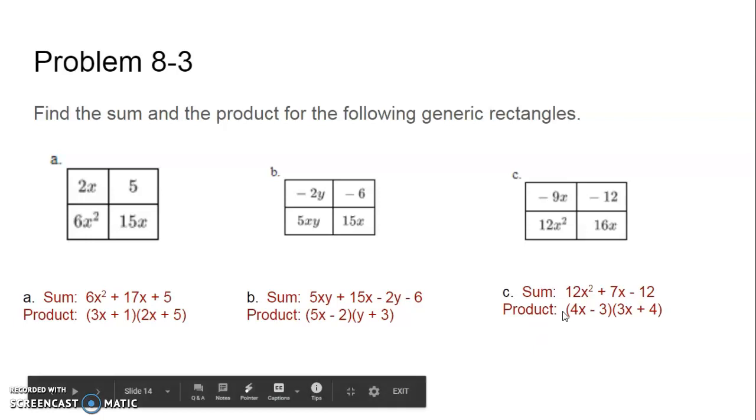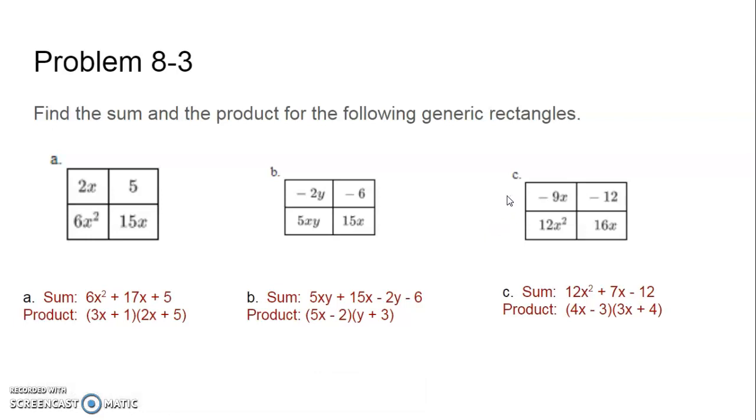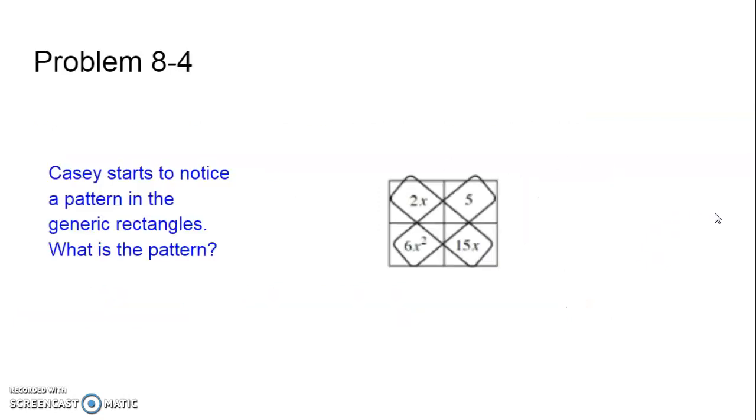So to get your product, 4x minus 3, so I would say your negative 3 would be here, your 4x here, so 4x negative 3, then this would be your positive 3x and your positive 4 down here. Don't worry if you weren't able to get those. We'll be talking about some hints as we go along in this chapter about how to get those dimensions really quickly. We'll have a few different methods.